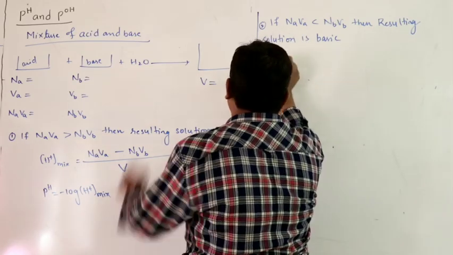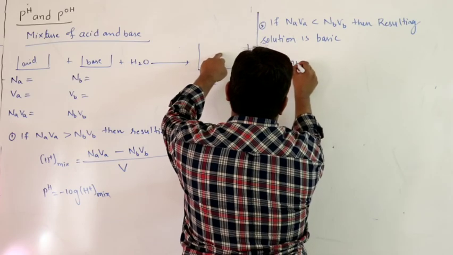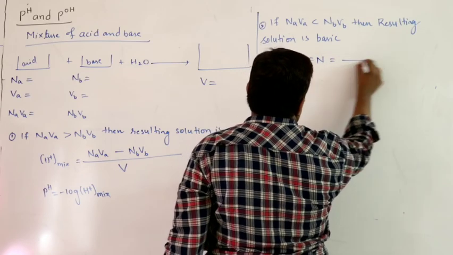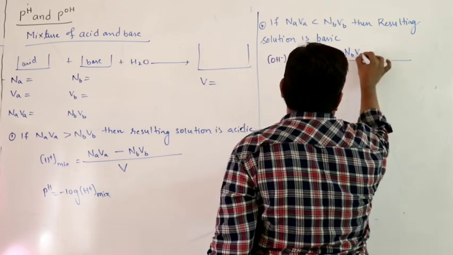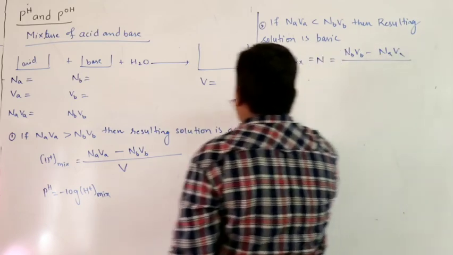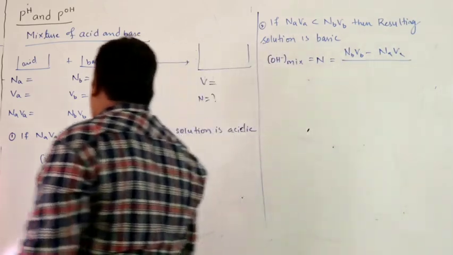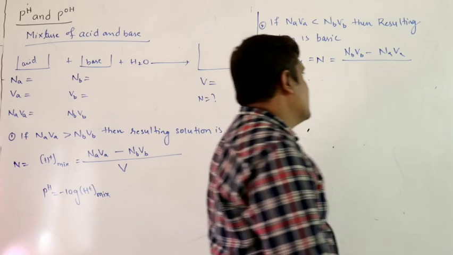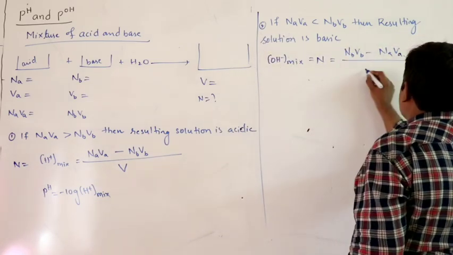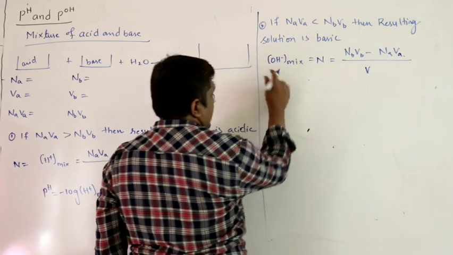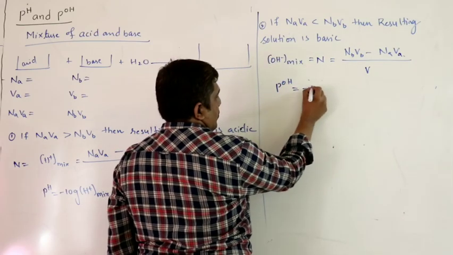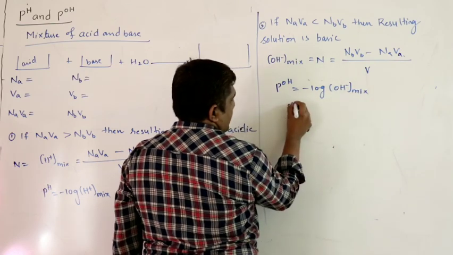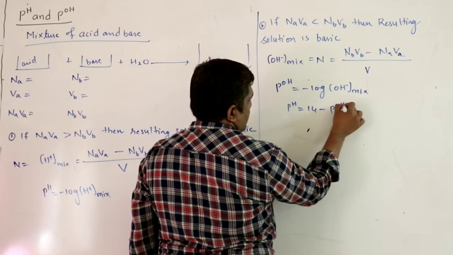So OH minus ion in the final mixture is equal to, nothing but normality of solution, equal to NbVb minus NaVa. You can write normality N. If it is acidic, it contains H plus. If it is basic, it contains OH minus, by total volume. So since we got OH minus, you can find pOH, minus log OH minus mixture, then find pH, 14 minus pOH.